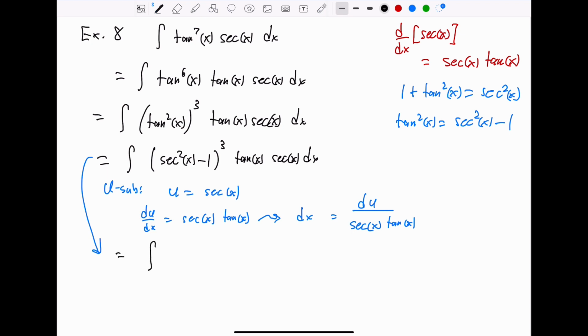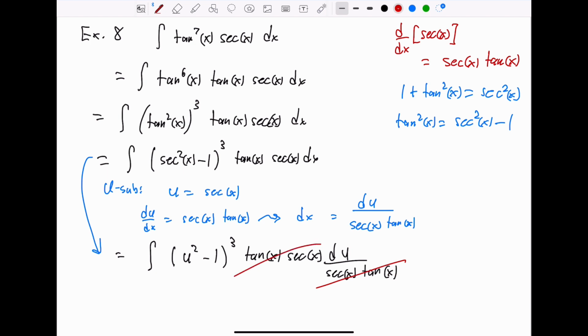We have the integral of secant squared, which is now u squared, minus 1, the whole thing cubed, times tangent of x times secant of x du divided by secant of x tangent of x. These all cancel, and we're left with the integral of u squared minus 1 quantity cubed du.